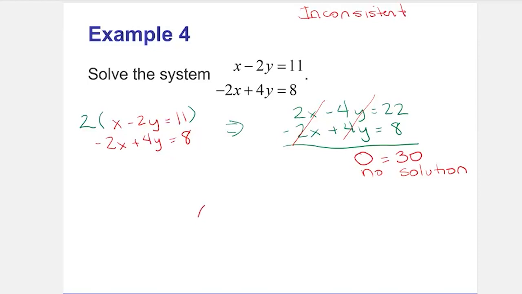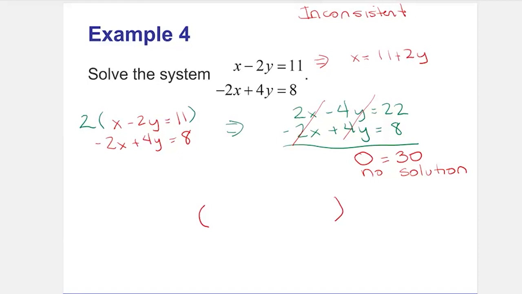So my solution is, here, I change this to x equals 11 plus 2y, or 2y plus 11, because I added 2y to both sides.